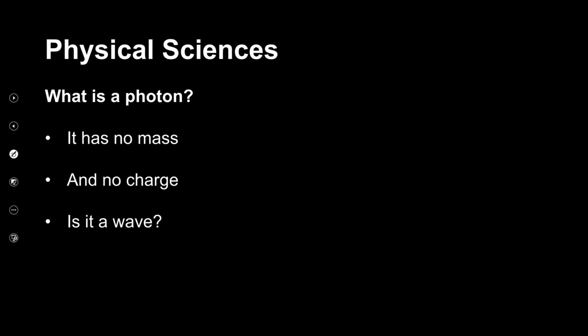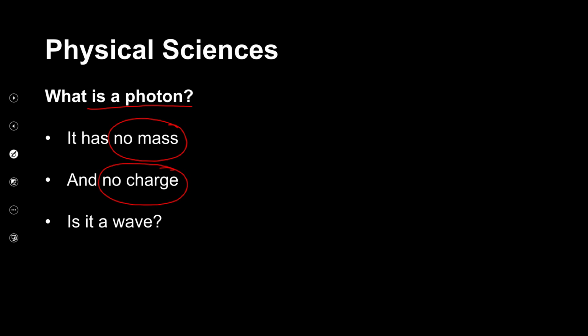So what is a photon? We've already said it's a small quantum of energy, but what's also important to note is it has no mass, all right? So it's not like many particles we've looked at before. It's quite unique in that it has no mass, and it also has no charge.